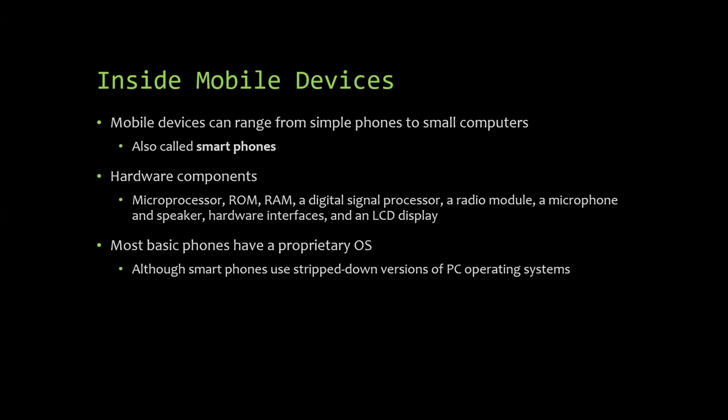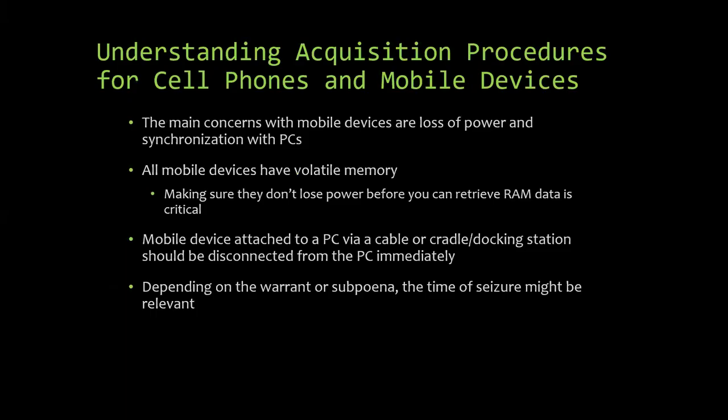Sometimes you have a microphone, speaker, and hardware interfaces attached to your phone internally or externally, as well as a display with a touch screen. Presently we are operating with two operating systems worldwide: the iOS operating system and the Android operating system.